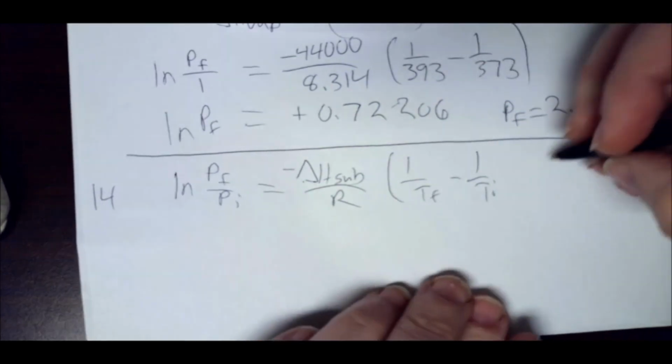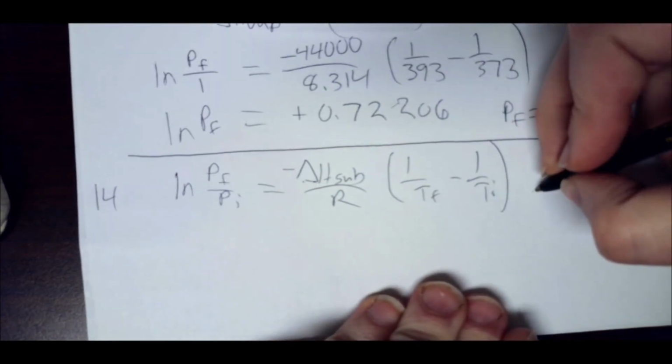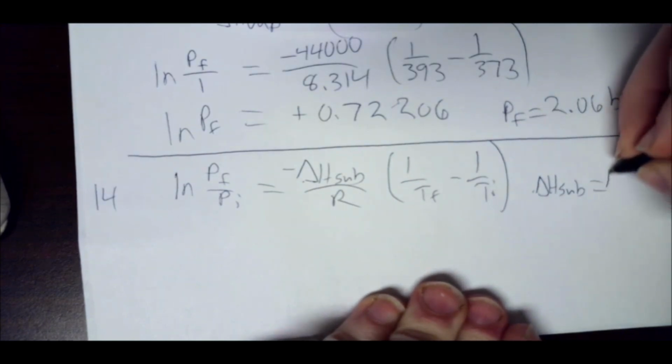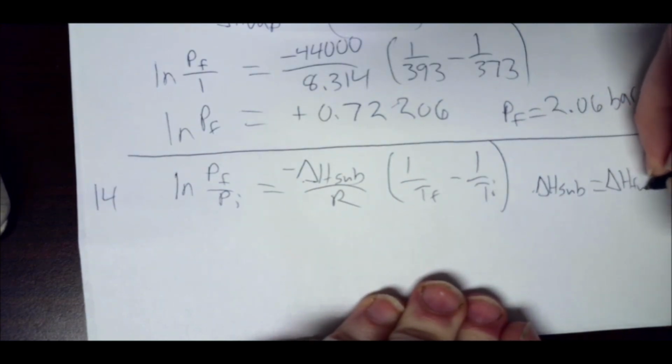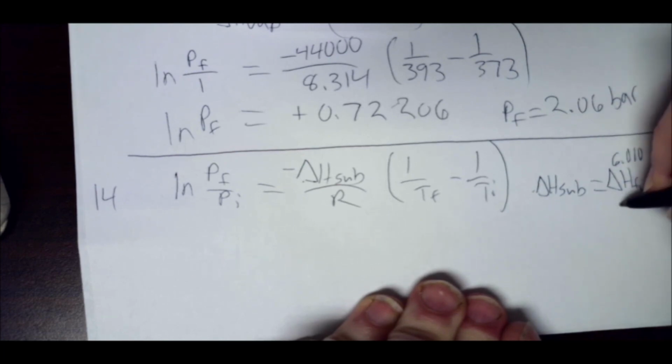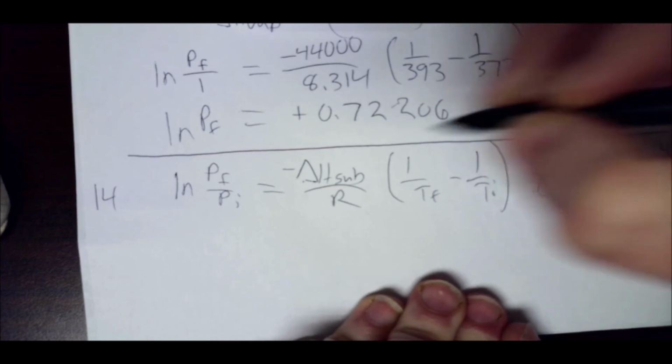To calculate delta H of sublimation, it is the delta H of fusion, 6.010, plus the delta H of vaporization, which is our 44. So something like 50.010 kilojoules.